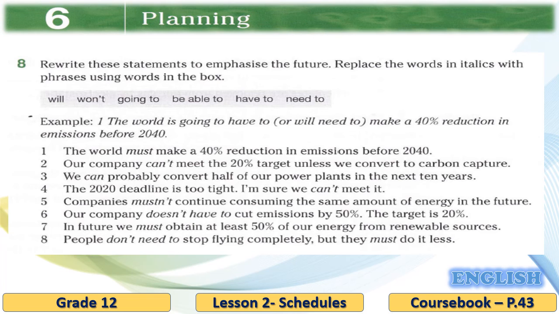Instead of must, we say is going to have to or will need to make a 40% reduction in emissions before 2040.